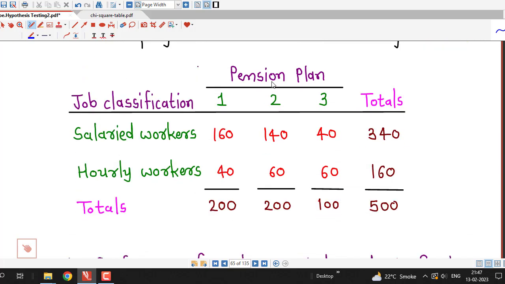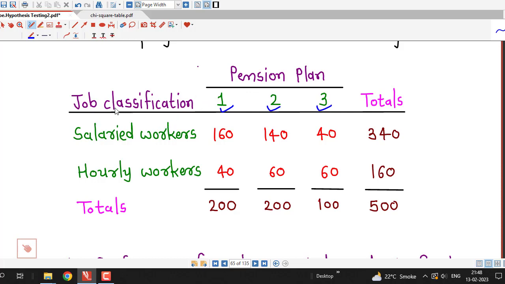Here we have two variables. One variable is pension plan, and there are 3 categories for it: pension plan number 1, pension plan number 2, and pension plan number 3.